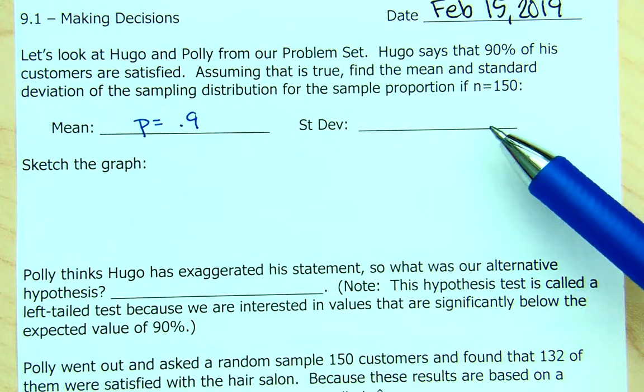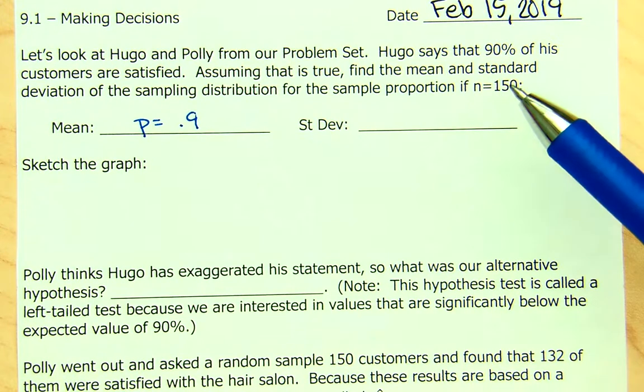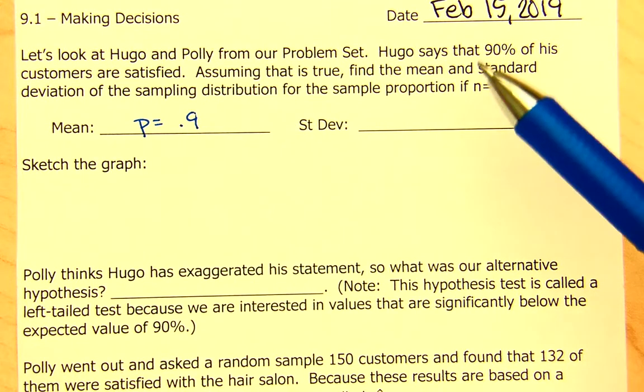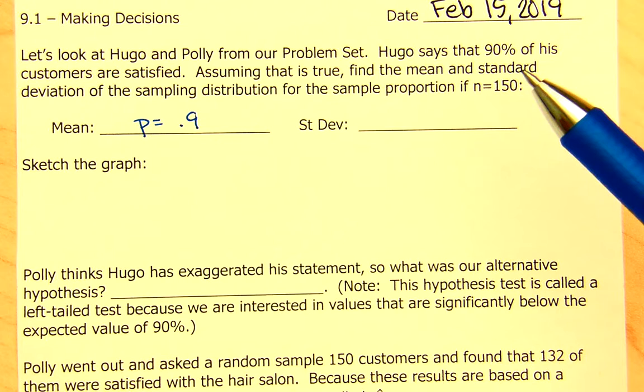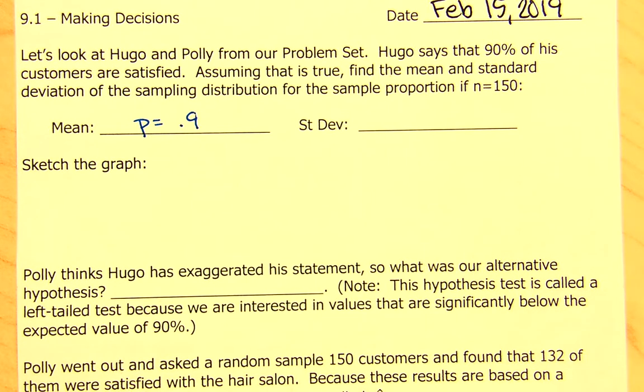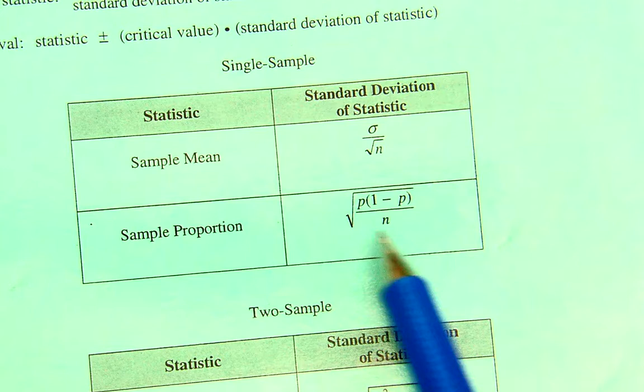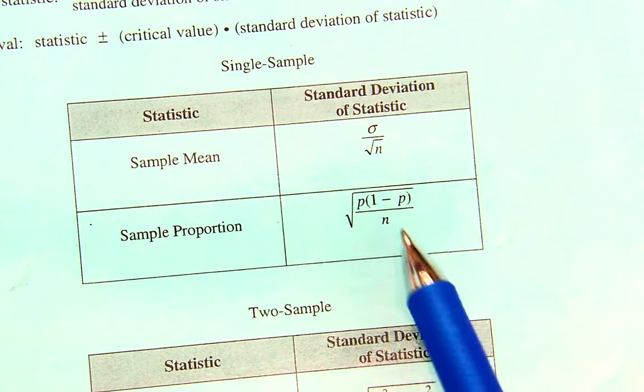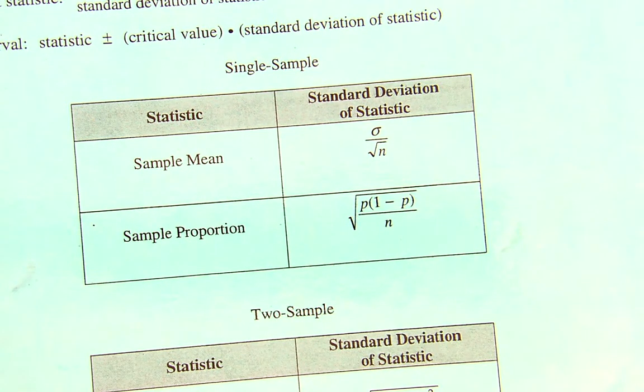The standard deviation we have to calculate based on our sample size and based on the value of P. So this is that formula that we use. It's on your formula sheet right here.